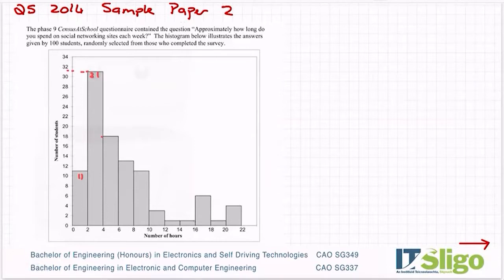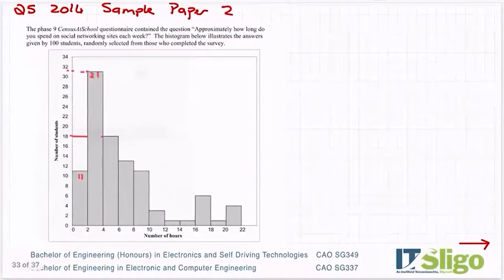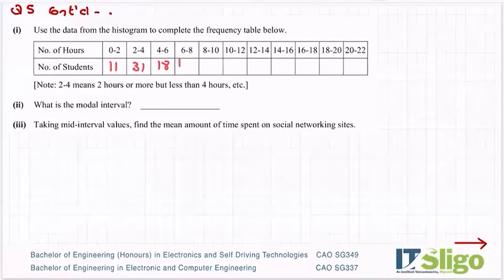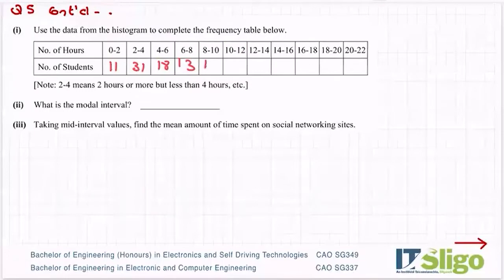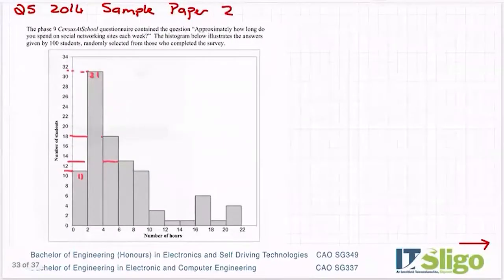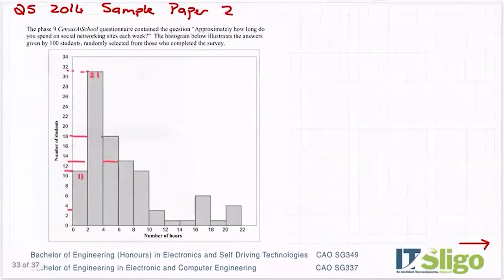And my pen won't write. So 18 students. 6 to 8, 13 students. 8 to 10 is the same, it's 11. 10 to 12, where am I down here? 3 students. 12 to 14 and 14 to 16 are the same.